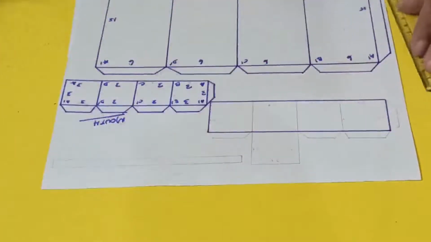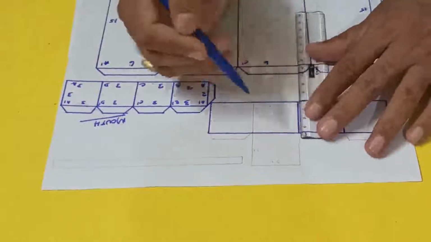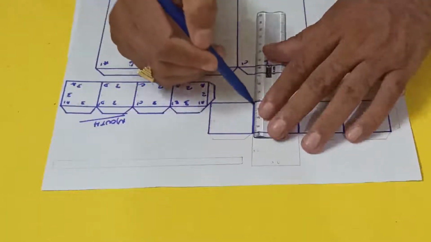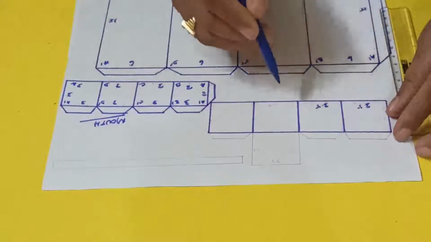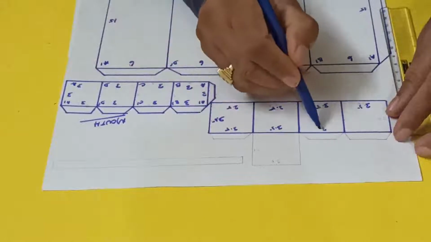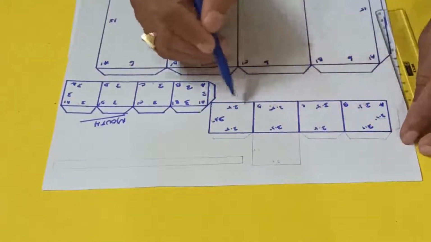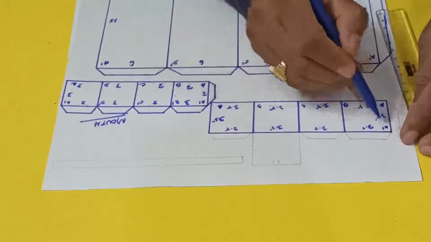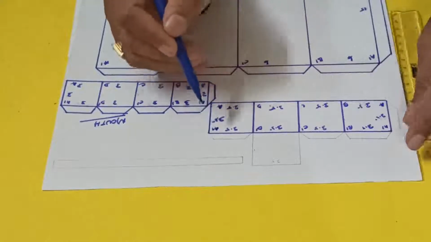Now join the sides, just like a cube. So this one 3.5, 3.5, 3.5. So this one A, B, C, D, A dash, B dash, C dash, D dash, A dash.